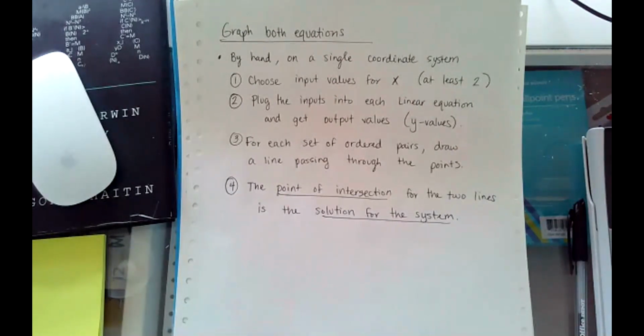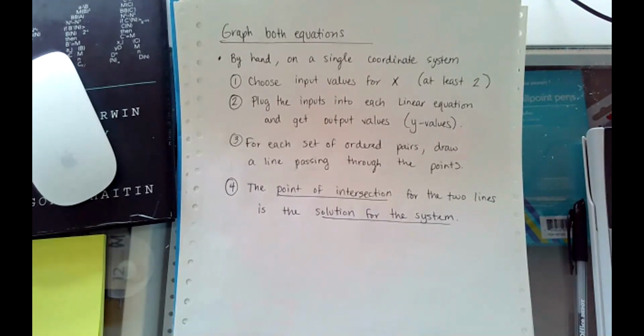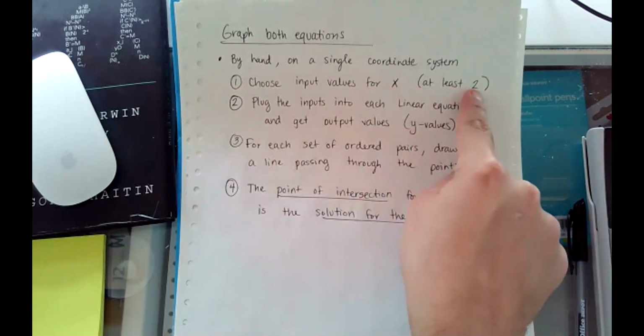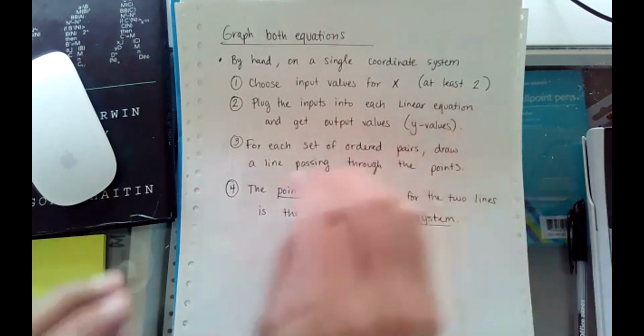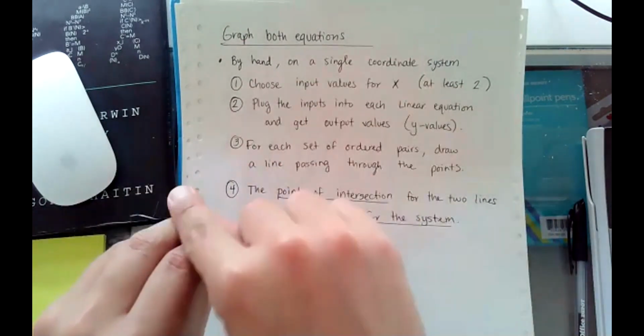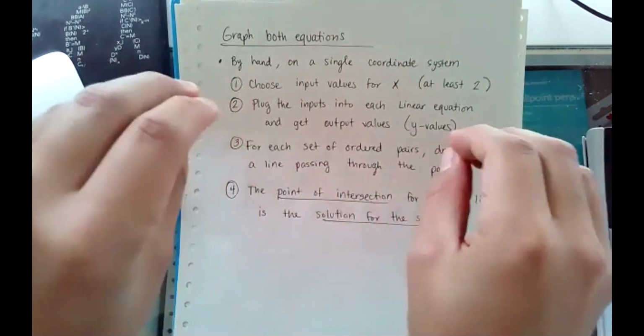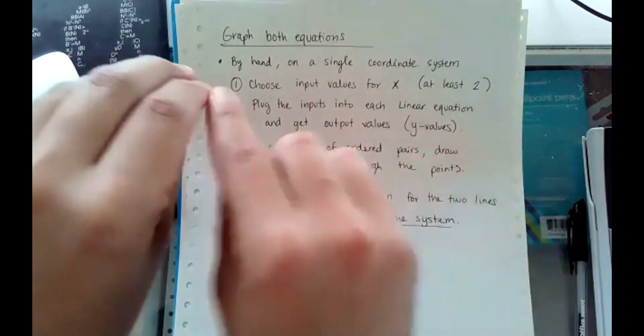So again, just to recap, if we were doing this by hand, we have 2 equations in our system of linear equations. I could choose x values. It doesn't matter what x values I choose. We'll take the first equation, plug those x values in, at least 2 of them, and get the output value. I can plot those 2 points and then draw a line between them. I'll do that for the second equation, which will be a different line, right? 2 points, draw a line.